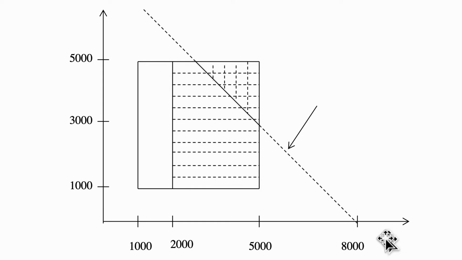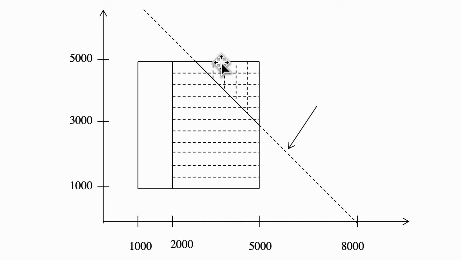A diagonal line going through down here is the line where the sum of X and Y is exactly 8,000, and the question is, what is the probability that we end up above that line so that X plus Y is more than 8,000?